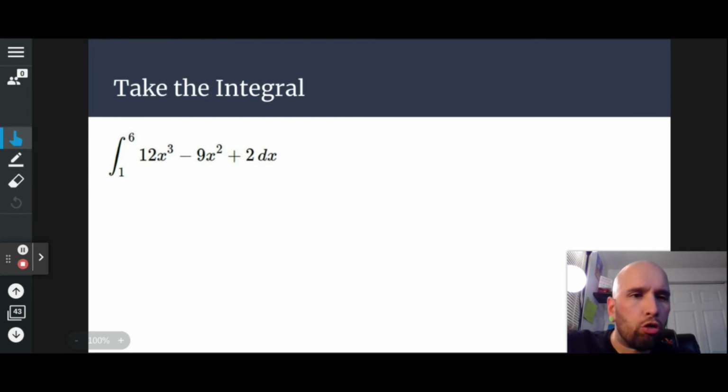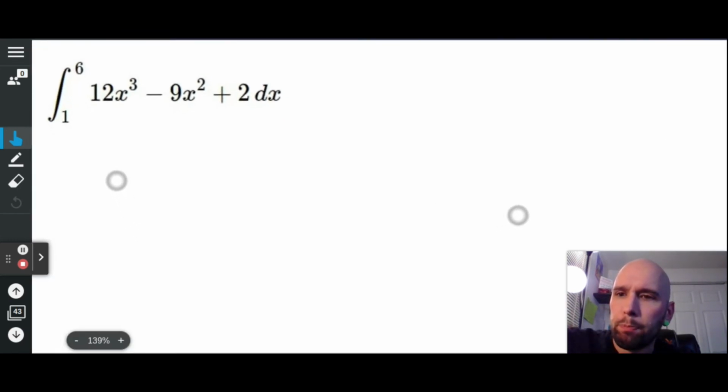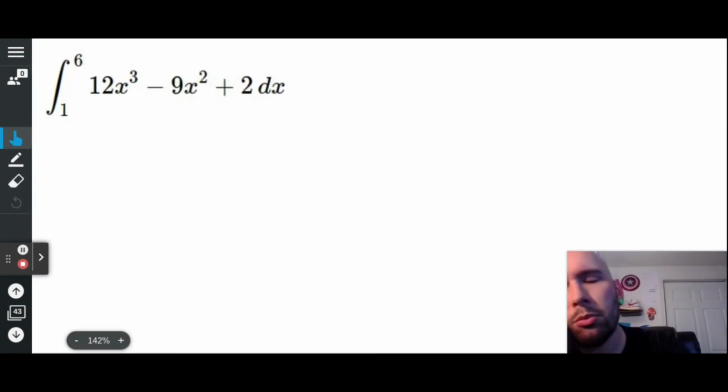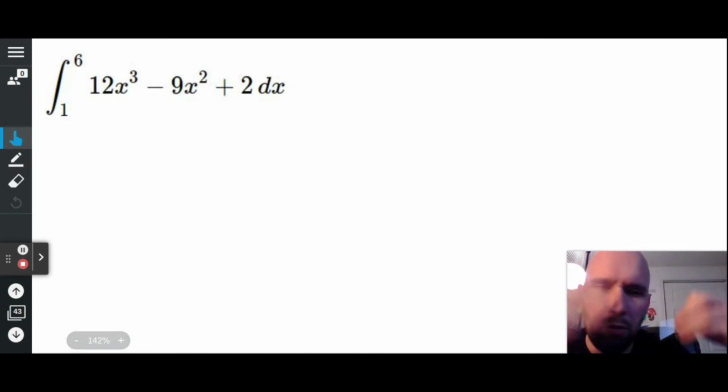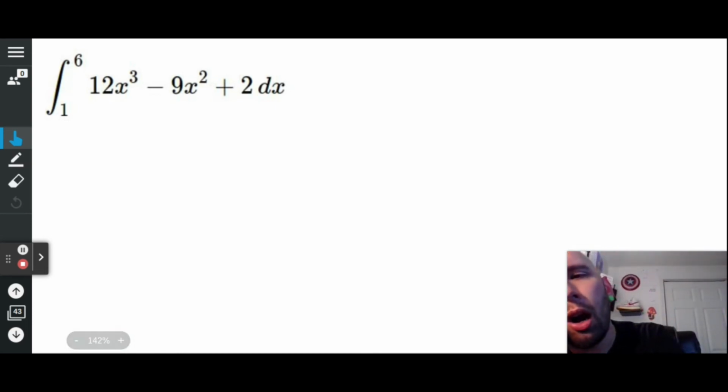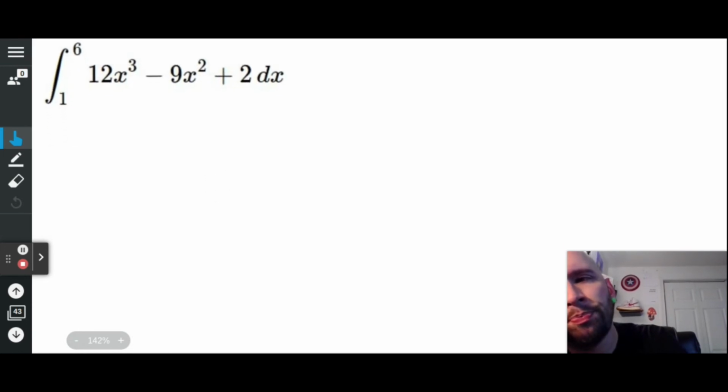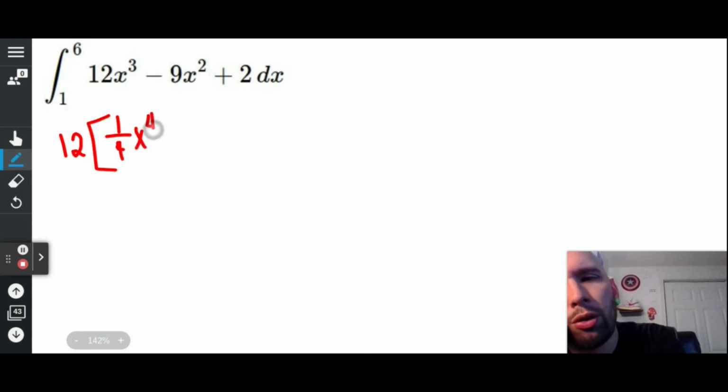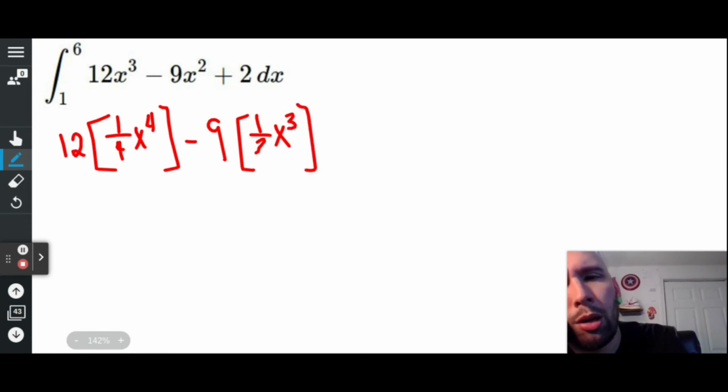All right, let me zoom up. So straightforward, no manipulation necessary. This is going to be 12 times 1/4 x to the 4th, close it, minus 9 times 1/3 x cubed, close it, plus 2x.